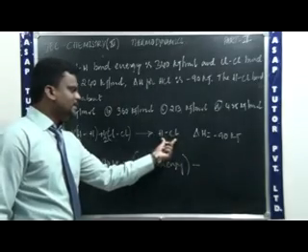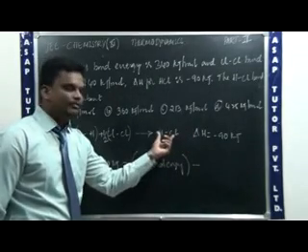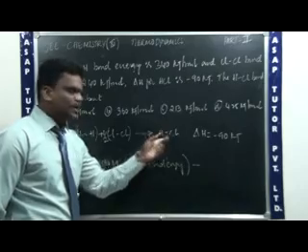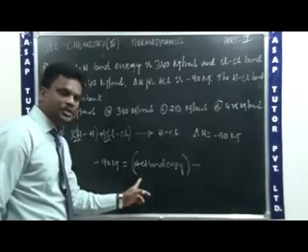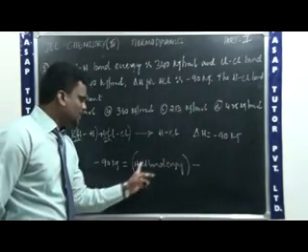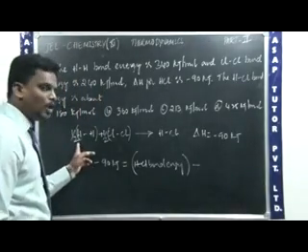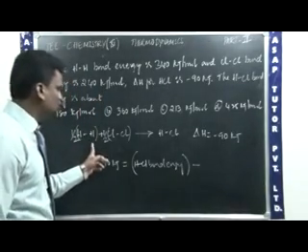The amount of energy released from the reaction is equal to the energy of product minus reactant. Same thing I am mentioning here. Product is HCl bond energy minus the bond energy of H2.